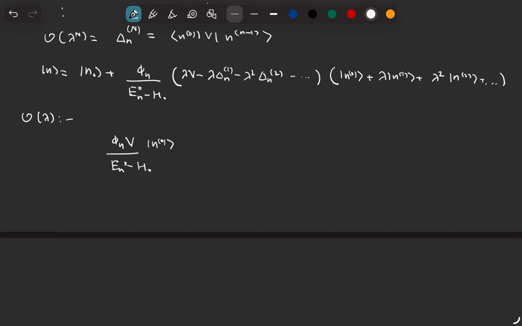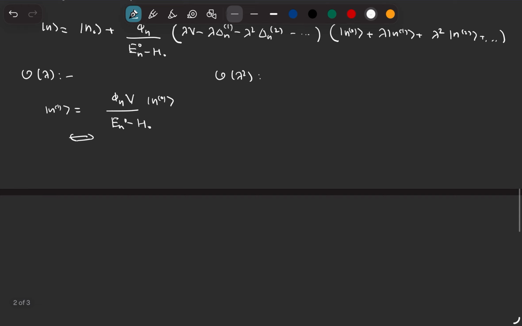So this is the first order correction, obviously. You just pick the lambda values and look at the order. And now because you have this, in principle, you can compute the second order term, lambda squared. So let's try to do that. I don't think the space is enough, but let's do this here.